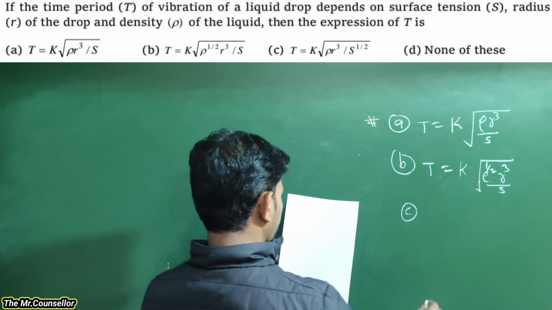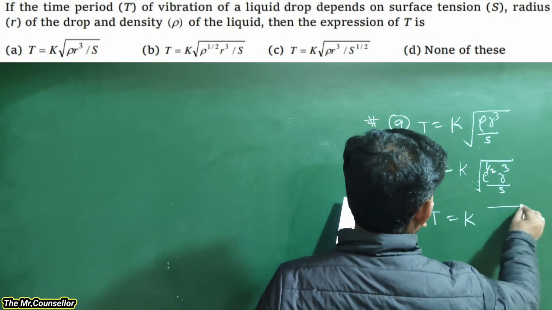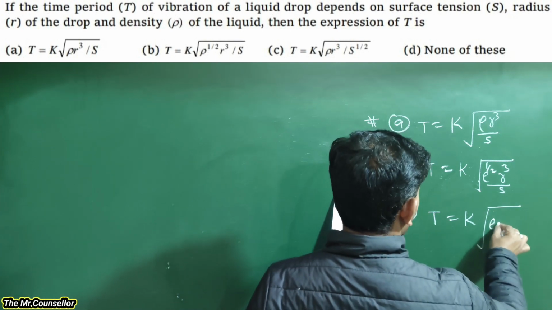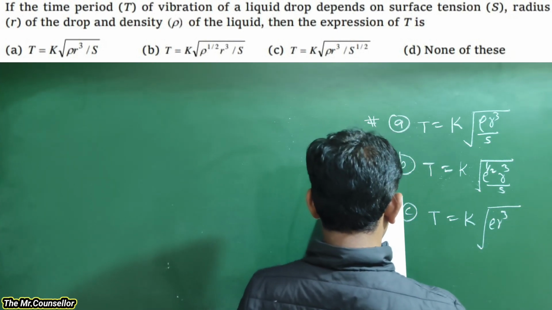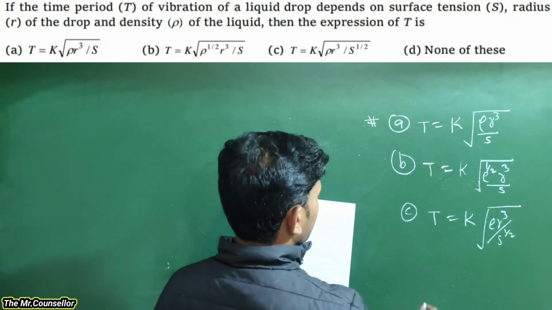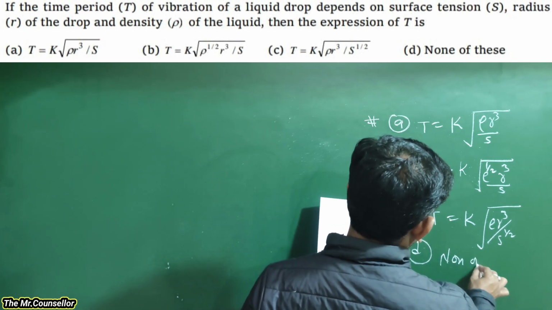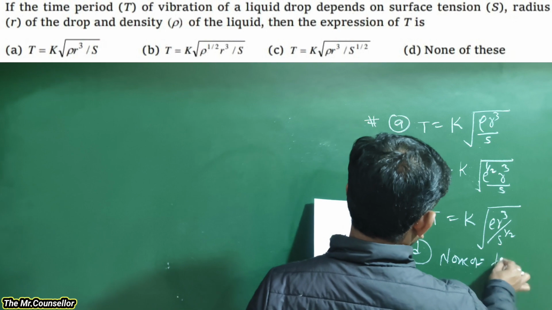Option C, T is equal to K root rho R cube divided by S power 1 by 2. And option D, none of these.